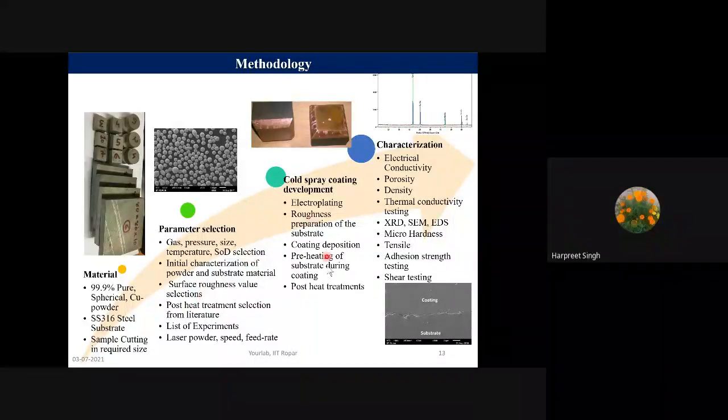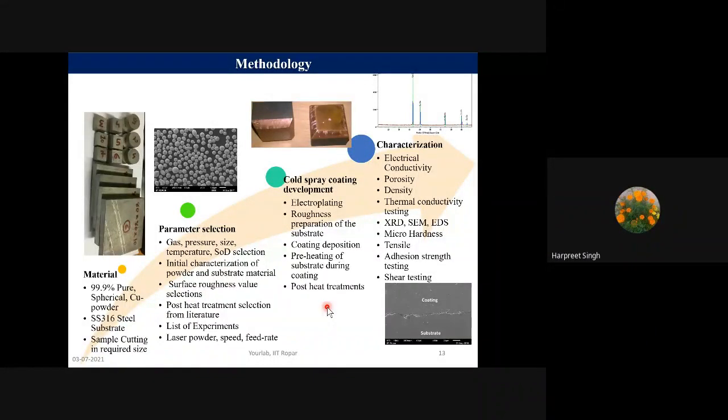And we did cold spray coating development, and here, as I said, we tried different things in this work. One was introducing an interlayer between them, and that interlayer was developed by this electroplating route. Somebody may say, why not use electroplating throughout for 3 mm?